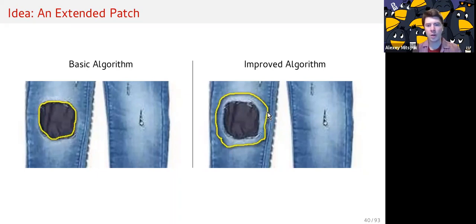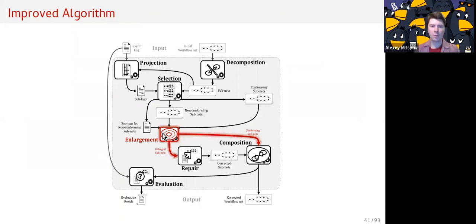Usually patches are a little bit larger than the size of the hole for which a particular patch is applied. So the idea here is similar, and then we add an additional step here, a step of fragment enlargement.